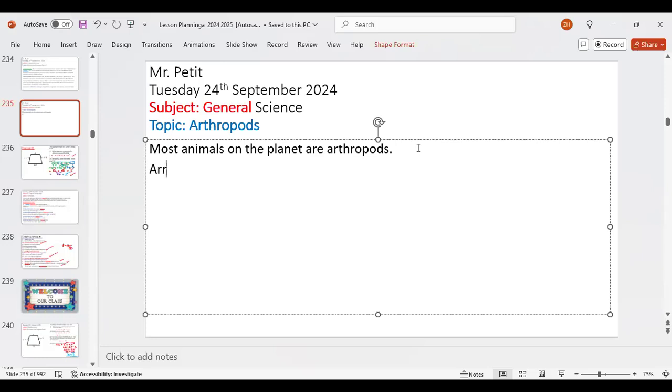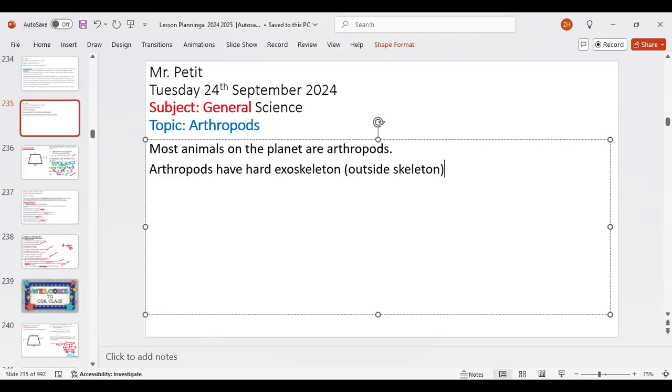Arthropods have a hard exoskeleton. What is an exoskeleton? That's the outside skeleton that protects you, right?